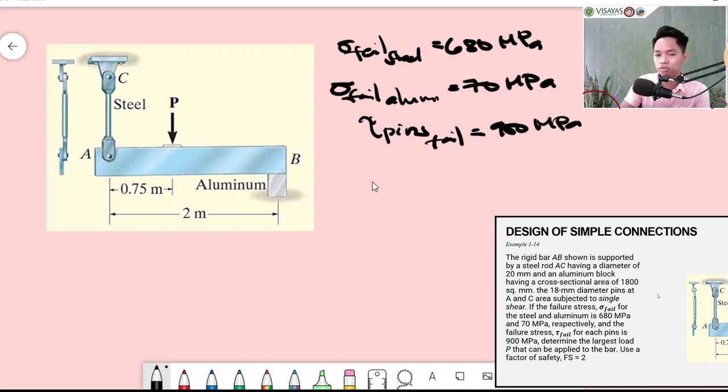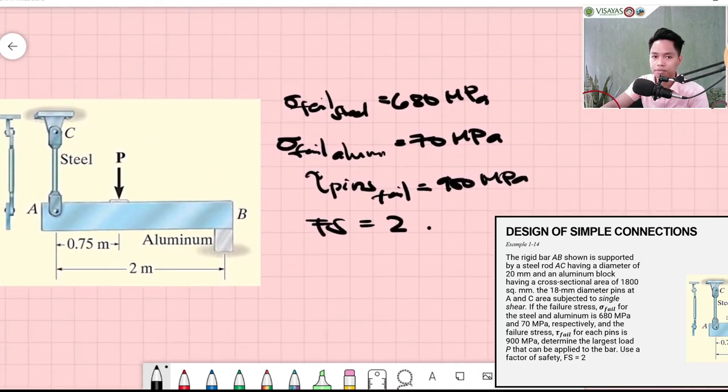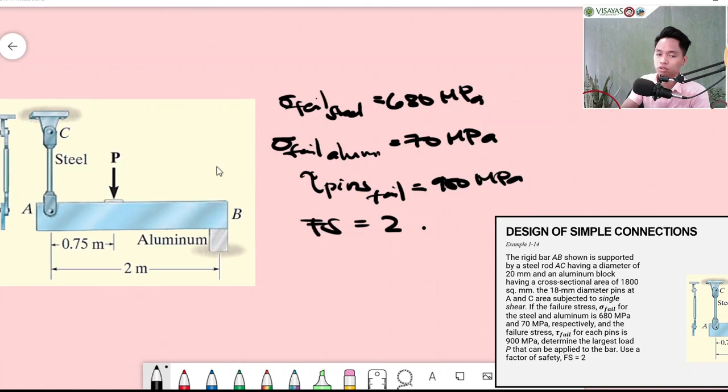Now we are going to use a factor of safety of 2. So, ang gamit diri sa factor of safety is ma-solve na to ang mga allowable. Kay again, for the design is we are going to use the allowable. Allowable na to nga mga loads since we are solving for P.